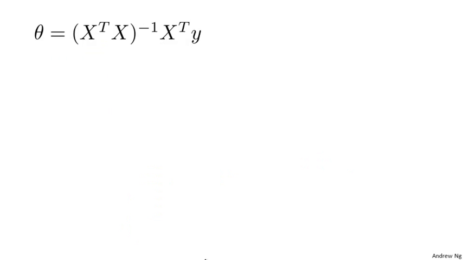I just want to make sure that this equation makes sense to you and that you know how to implement it. So, concretely, what is this (X transpose X) inverse?